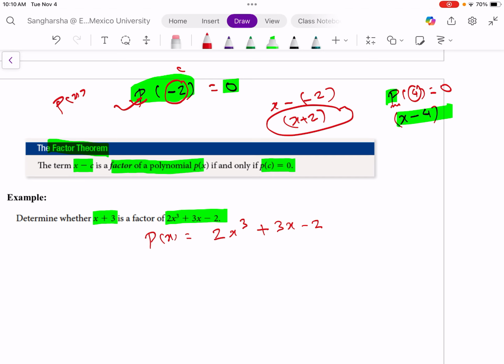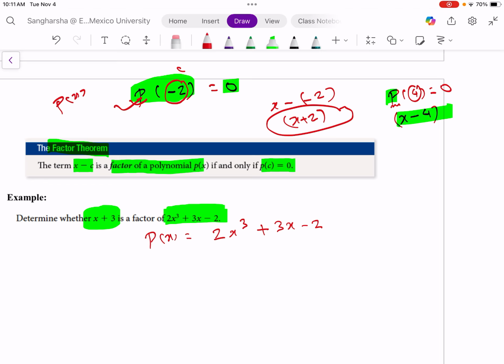We want to know whether x plus 3 is a factor of this or not. If x plus 3 is a factor of this polynomial, and you divide this polynomial by its factor, we get the remainder equal to 0, right? So this is our divisor, so let's divide this polynomial by x plus 3, and if the remainder is 0, then x plus 3 is a factor.